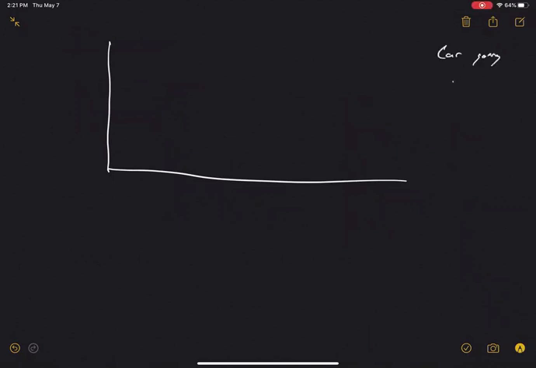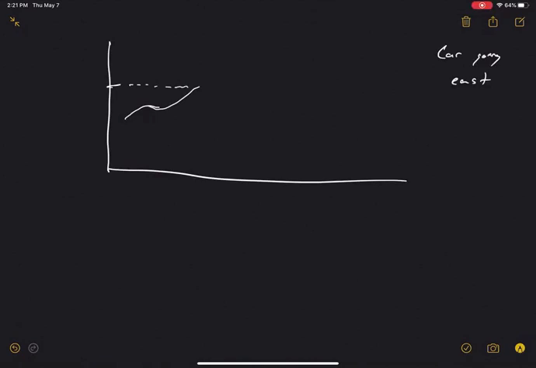Okay. So real quick, why would we use signed area? Let's go back to our car example. I have a car that's traveling, let's say it's traveling east, and the curve represents the speed I'm traveling east. So when my curve is up here, this is my speed.